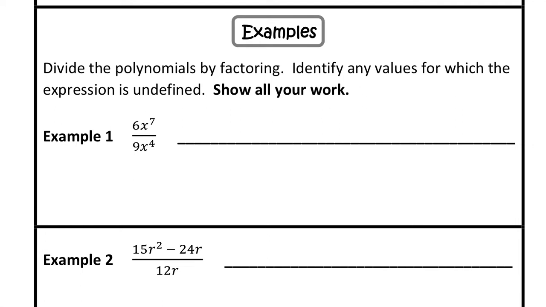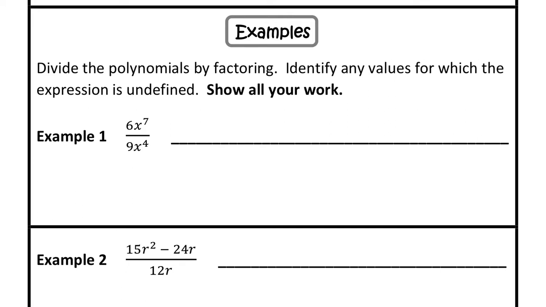All right, so example number 1. The instructions say divide the polynomials by factoring. Identify any values for which the expression is undefined. Show all your work. So we're going to factor the top and the bottom, and then we're going to divide out anything in common.